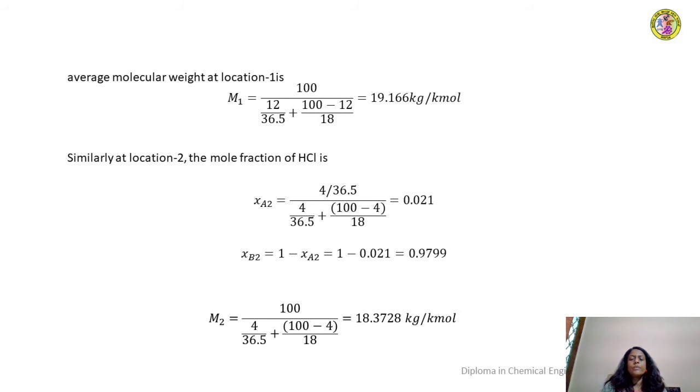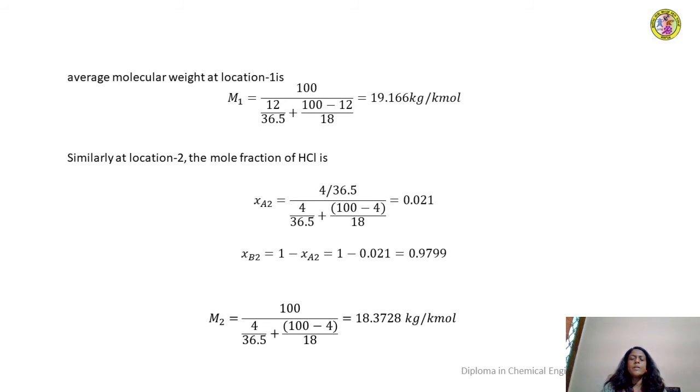So XA2 will be equal to, where it's given that the concentration of HCl at the other boundary is 4 weight%, 4 divided by 36.5 in the numerator, and in the denominator 4 divided by 36.5 plus (100 minus 4) divided by 18.